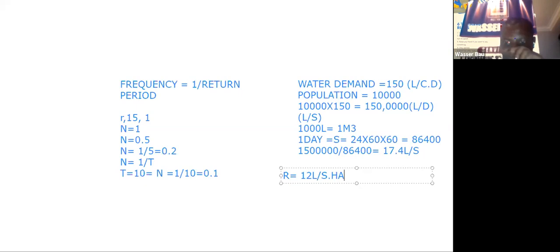And the area this rain is falling on is, the area is actually 100 hectares ab initio, but the impervious area is about 45 hectares. That means you should know now that the peak coefficient is about 0.45.